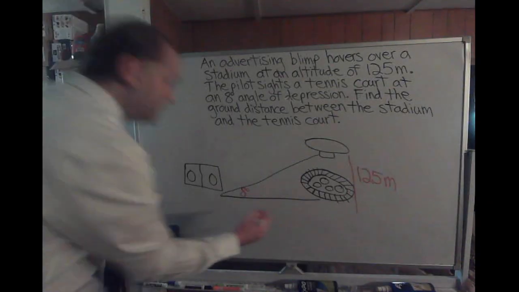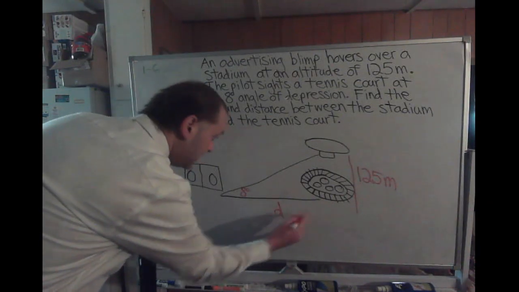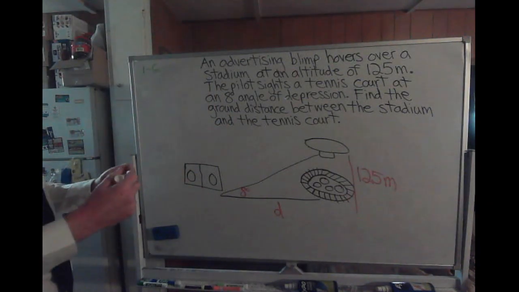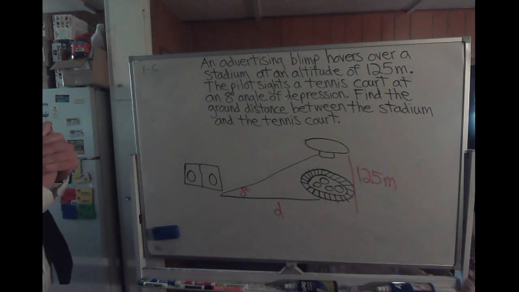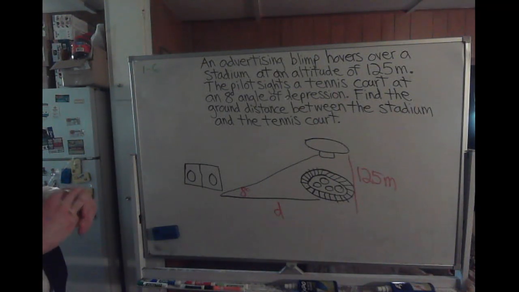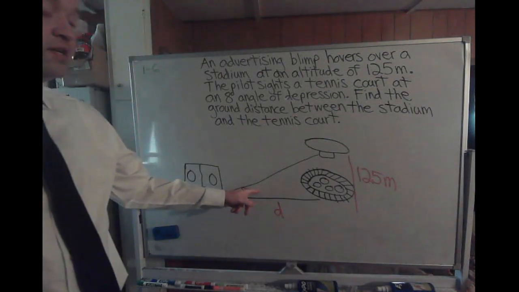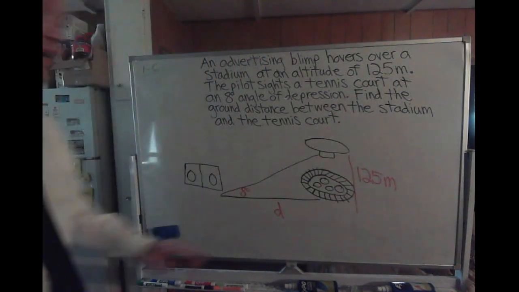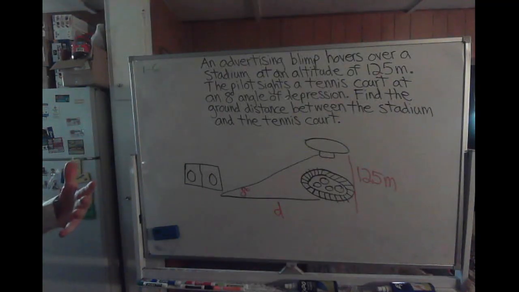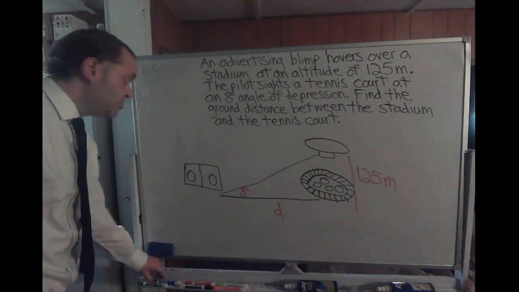What we're trying to find is the ground distance between said stadium and the tennis court. So what we have now, we have our angle 8 degrees, we have the opposite side, and then we have the adjacent side. If you're relating opposite and adjacent side, that's going to be the tangent ratio.